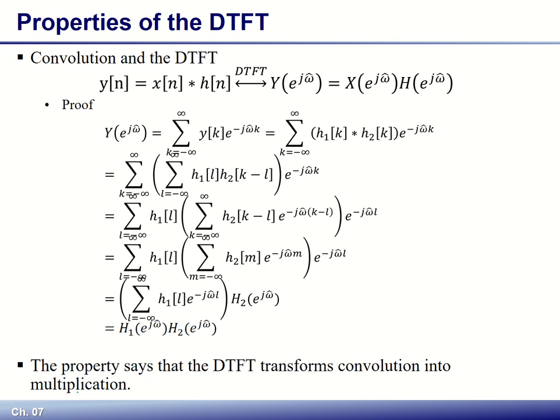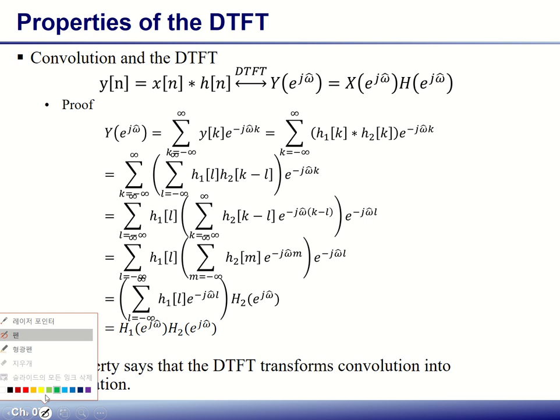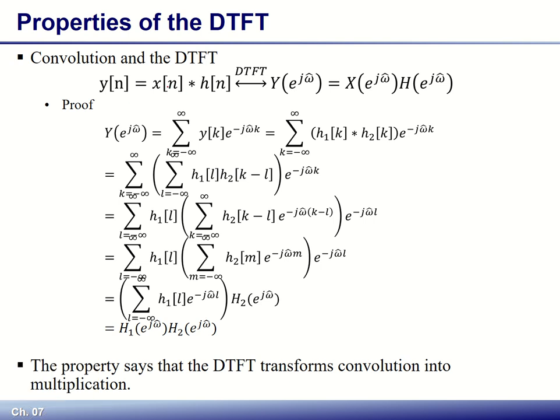And the next property is convolution and the DTFT. If there is convolution in the time domain, then in the frequency domain, after the DTFT, it will be multiplication of each DTFT. So the property says that the DTFT transforms convolution to multiplication.